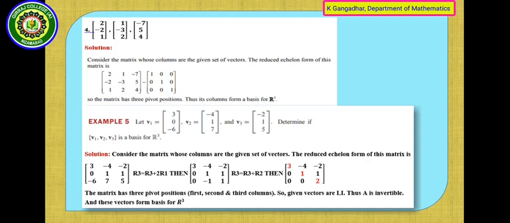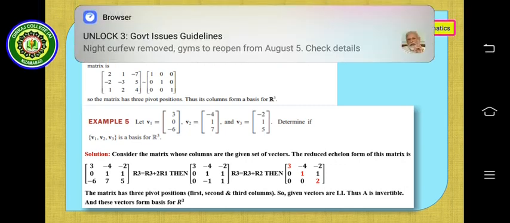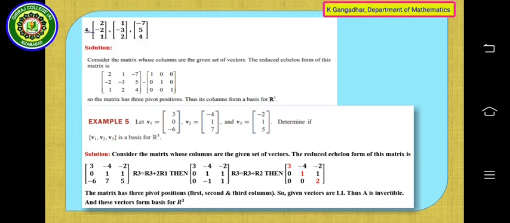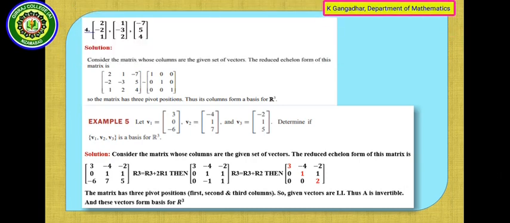In problem five, the vectors are (3, 0, -6), (-4, 1, 7), (-2, 1, 5). Determine if v1, v2, v3 is a basis of R3. First we write the matrix form, and that matrix is reduced to upper triangular form.